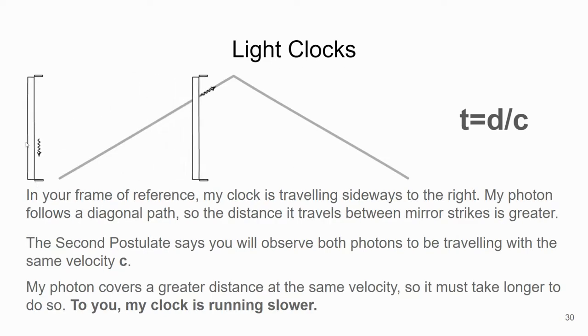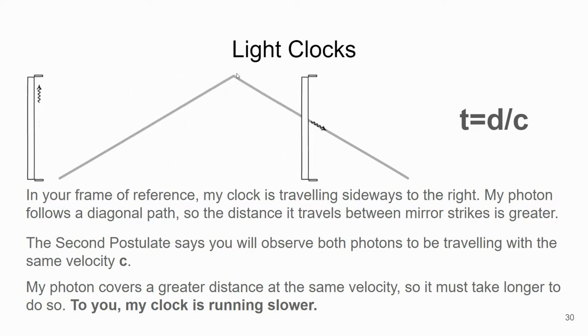So if this is you, I really should have drawn in the stick figures. If you're standing here like this with your clock and I'm flying by to the right, you're going to see my clock going to the right. Okay, so far so good. There's nothing weird about that. The thing is, because the photon is leaving the bottom mirror at this point, and the clock is moving to the right as it goes, the photon is not going to go straight up and down. It's got to go on this diagonal line.